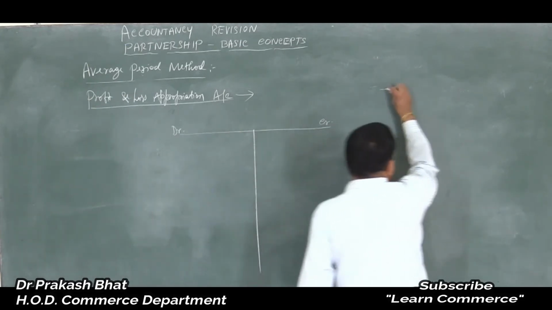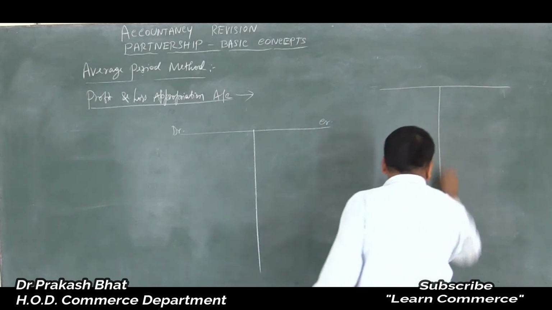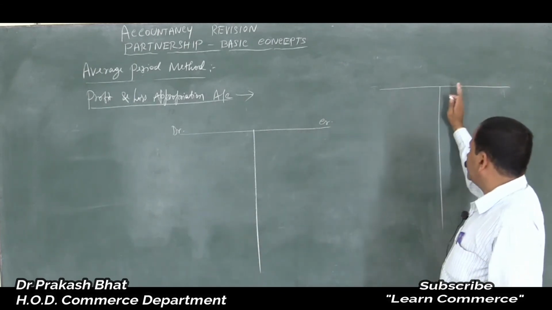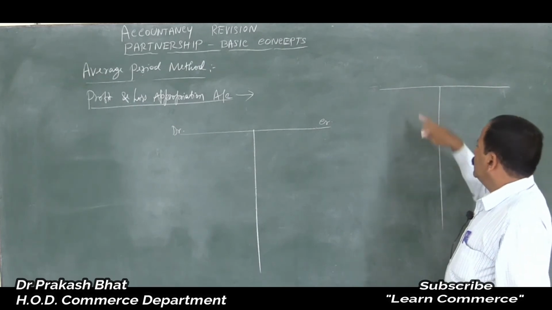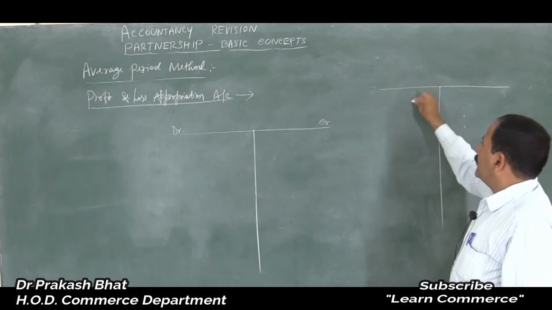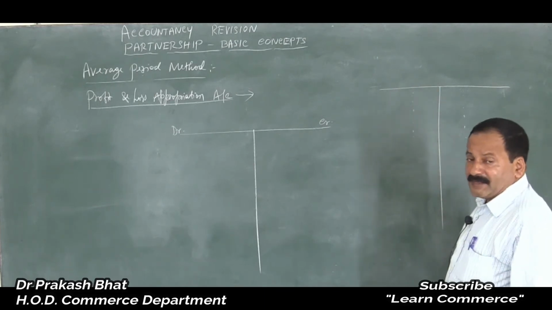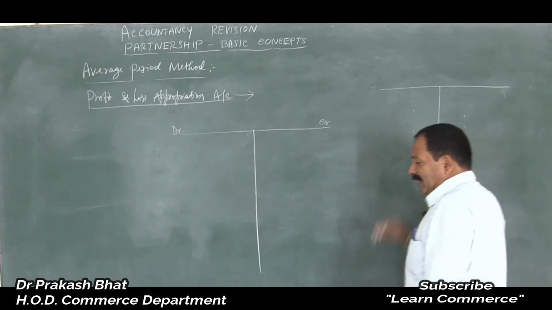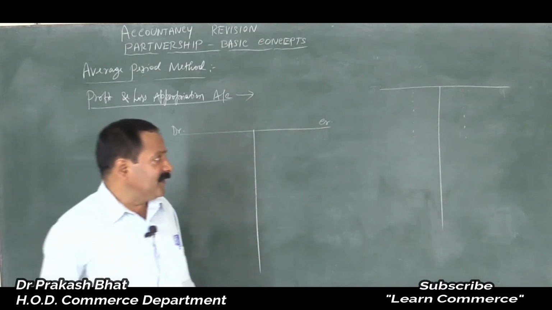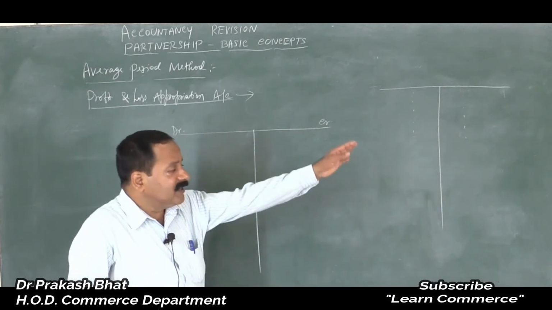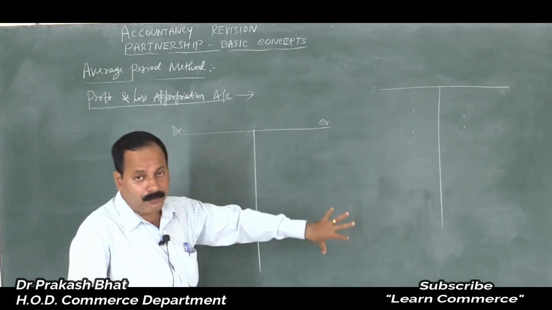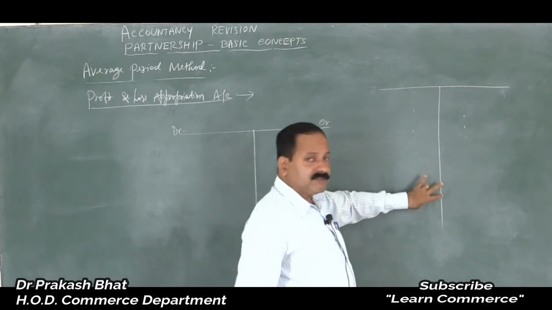So the profit and loss account will be like this. I am speaking about a sole trader or a partnership, not a company account, isn't it? Here you will enter all the incomes on the credit side and all the expenses on the debit side. Ultimately you will balance it. You will see which side is greater, whether there is profit or loss. If the credit side is greater, income is more than the expenses, profit, you will get the difference here.